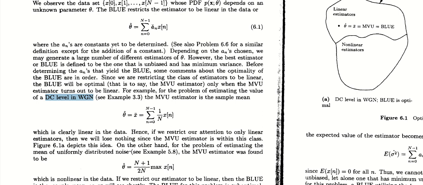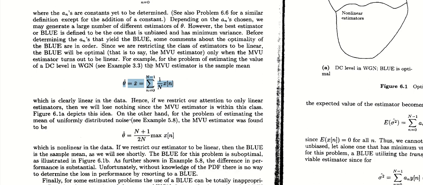Of course it does. This is a typical linear model. Then we are happy, because we have an estimator that is linear with minimum variance. So this is a BLUE for the DC level. This is a good example.